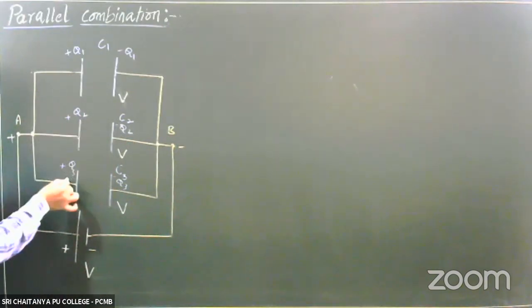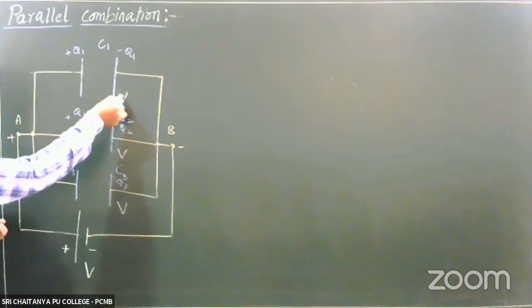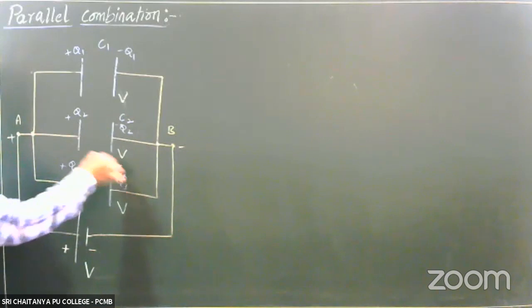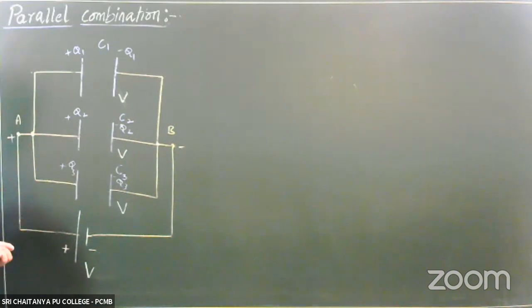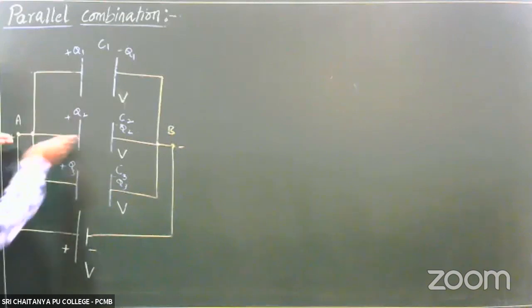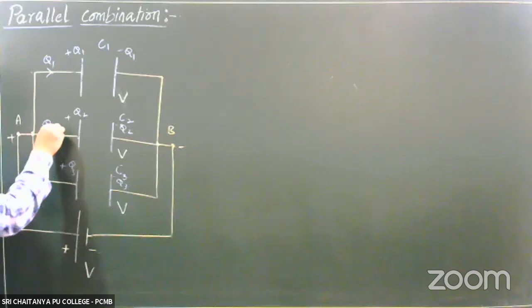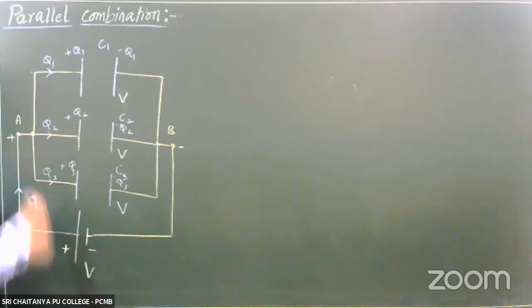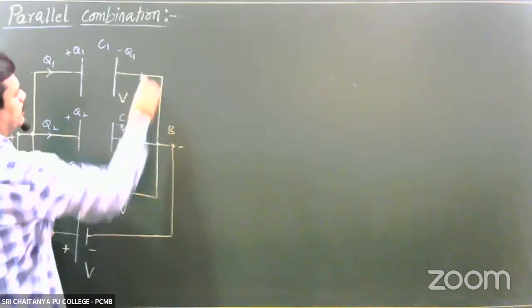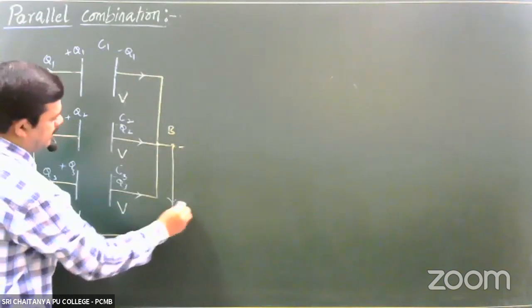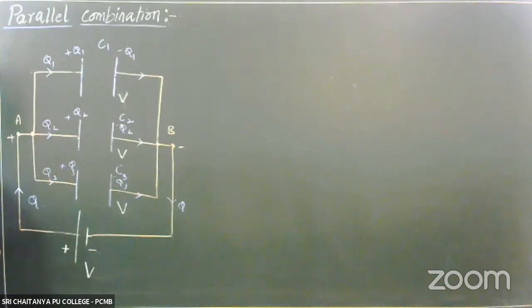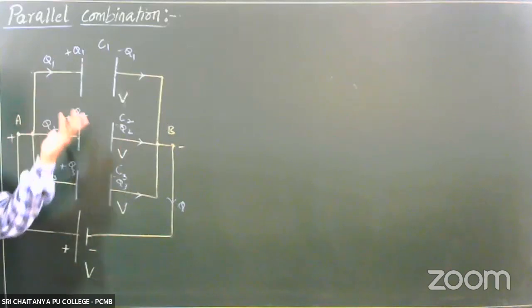They are different because the capacity is different. Whatever the total charge Q comes to the circuit, when it comes to this point, it divides as Q1, Q2 and Q3, and again comes out as Q. This is charge division. So here potential is the same, charge divides.